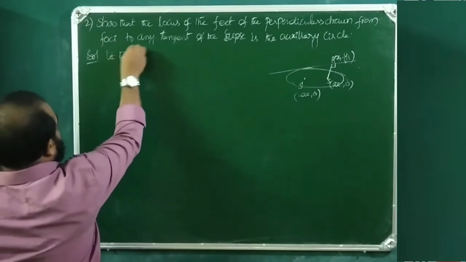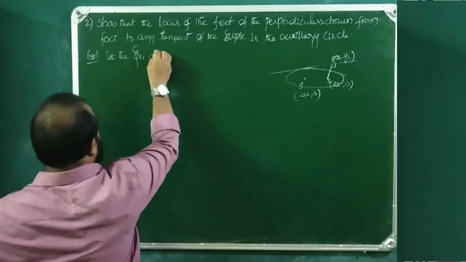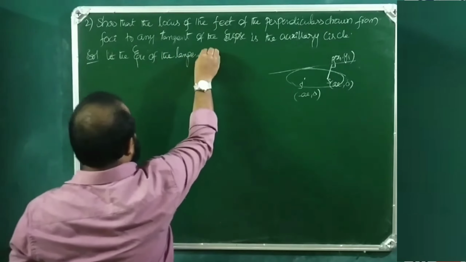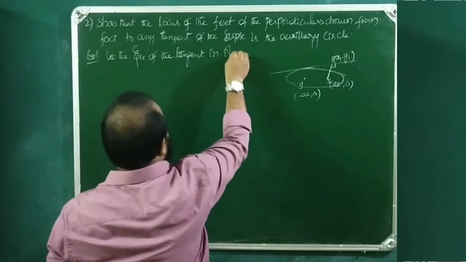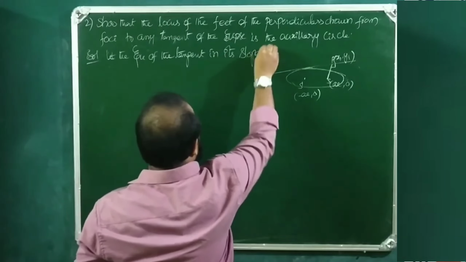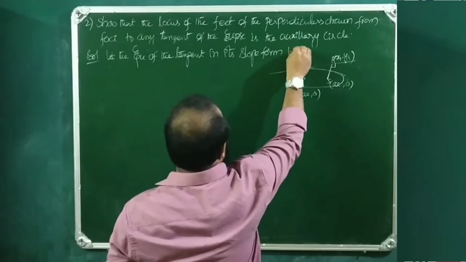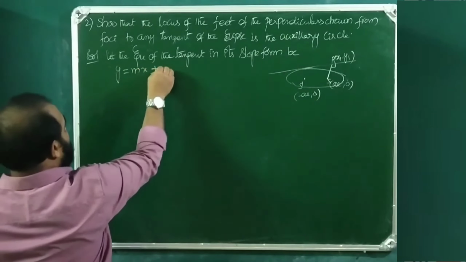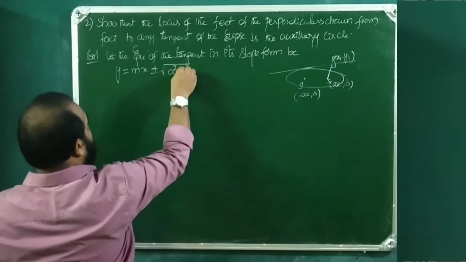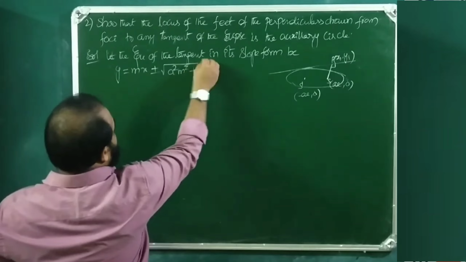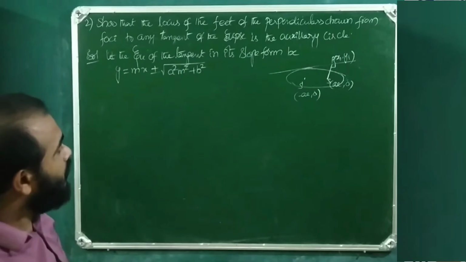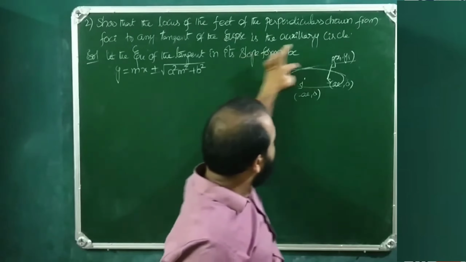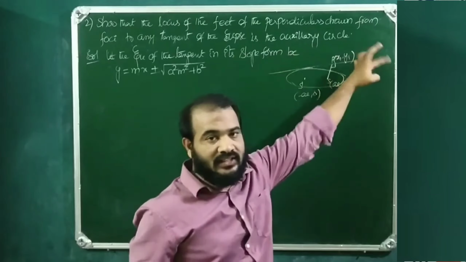Let the equation of the tangent in its slope form be y is equal to mx plus or minus the square root of a square m square plus b square. This is the slope form of the tangent.